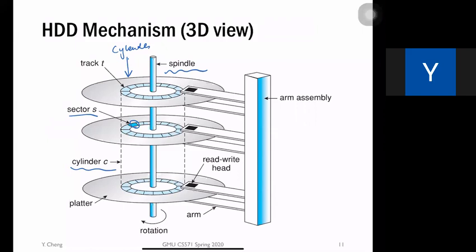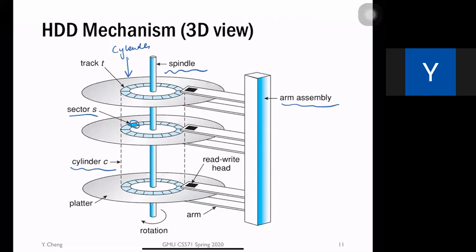On the right-hand side of the slide is a single disk arm assembly. This arm assembly has multiple disk arms, and at the end of each disk arm is the disk head. As I've already mentioned, the disk head is the unit responsible for reading and writing data.